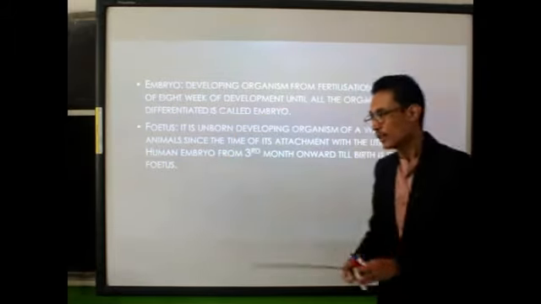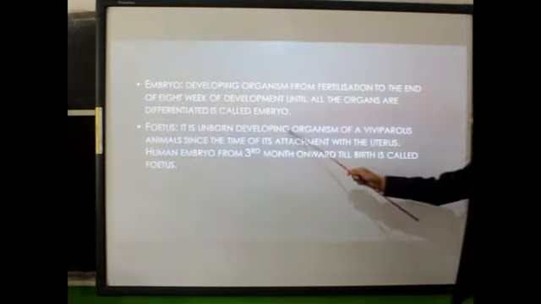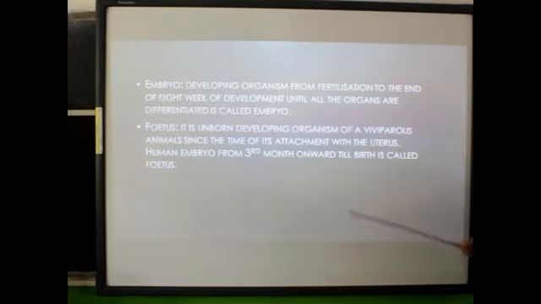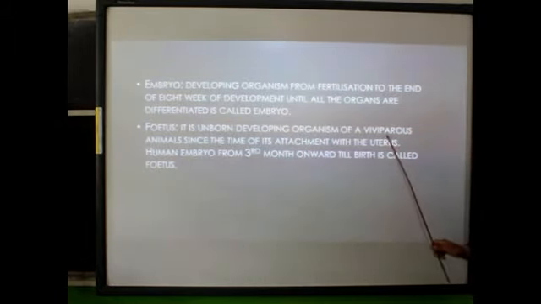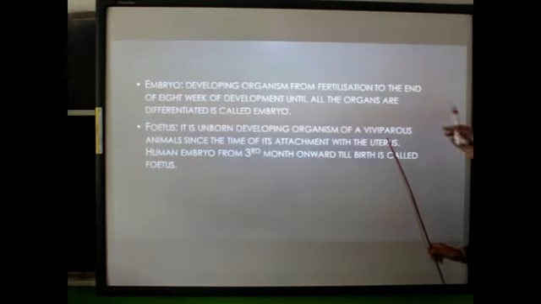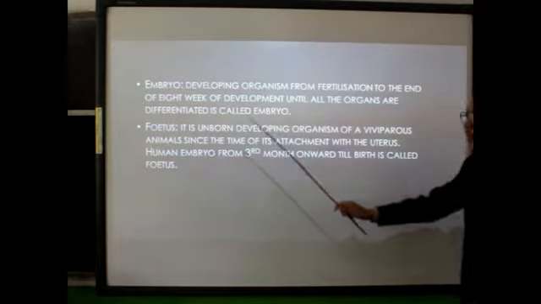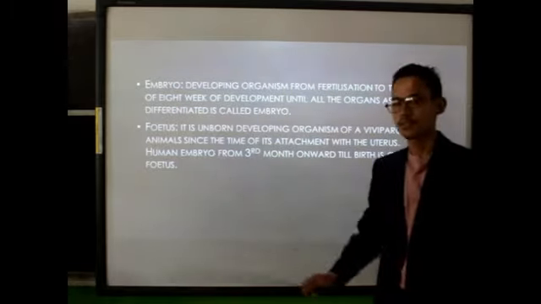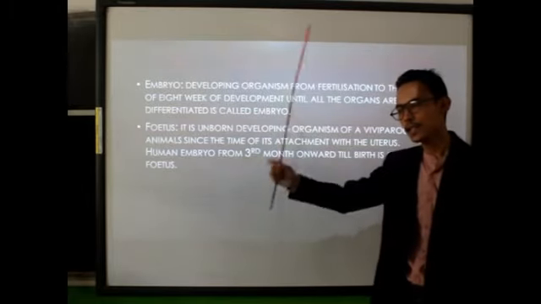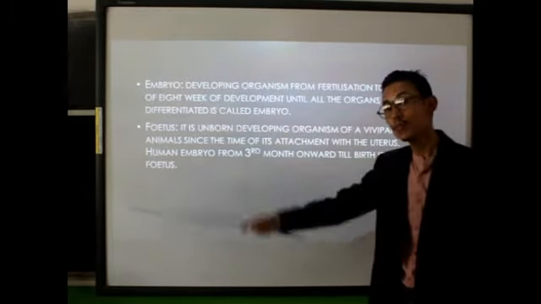Then we call it the fetus. It is the ongoing developing organism of viviparous animals. What are viviparous animals? Those that give birth to young ones. Once the blastocyst attaches to the uterus in implantation, we will call it the fetus. The human embryo from the 3rd month onwards is known as the fetus. So from fertilization till organ differentiation we call it embryo.